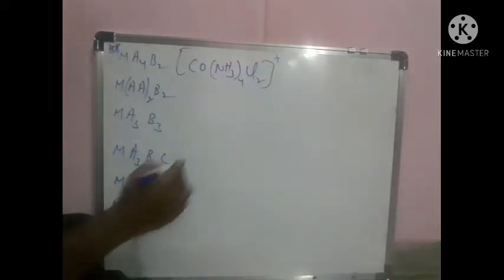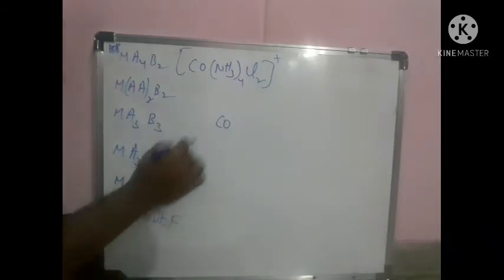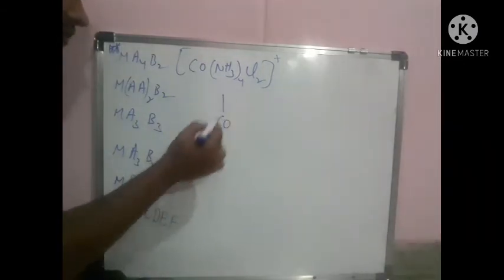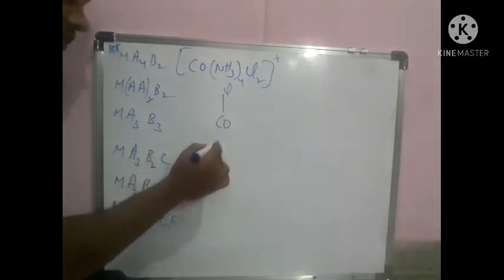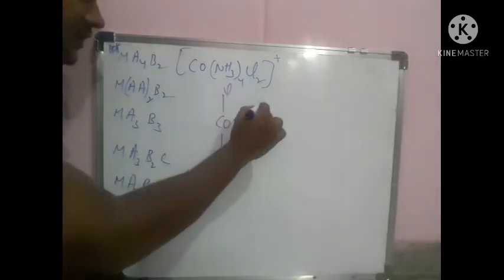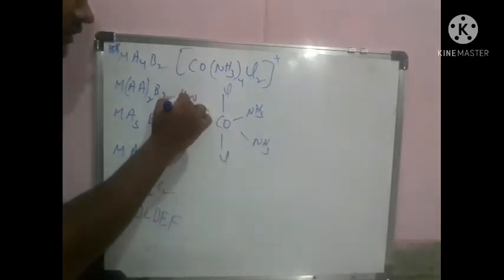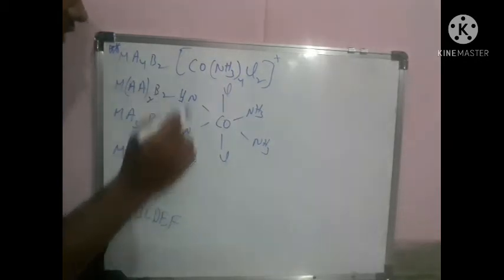Here cobalt is the central metal atom. Let us take chlorine on the upper phase and chlorine on the below phase, and NH3, NH3, NH3 and NH3 are present.